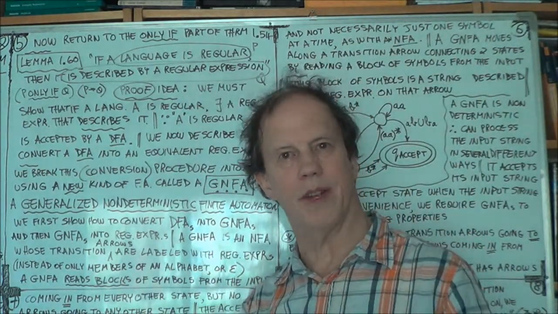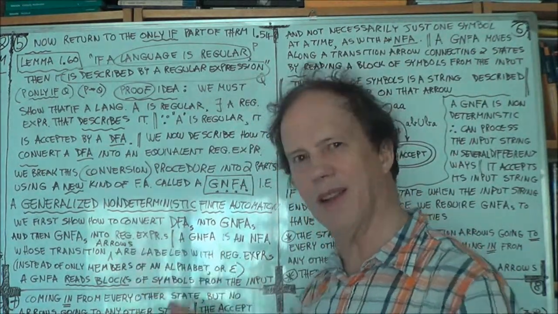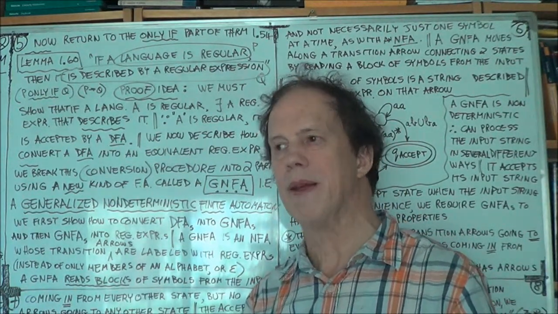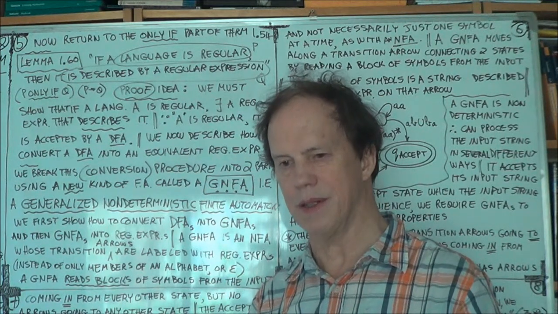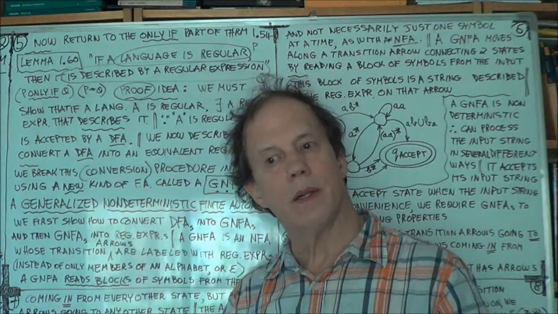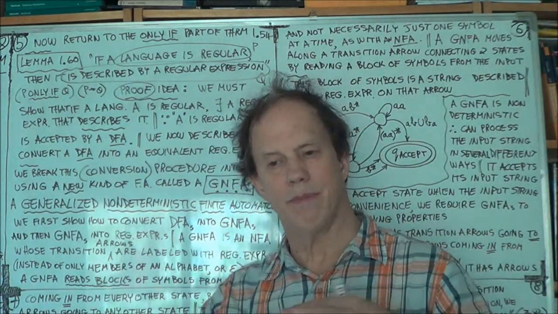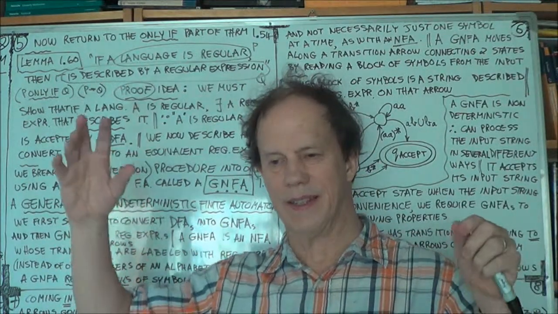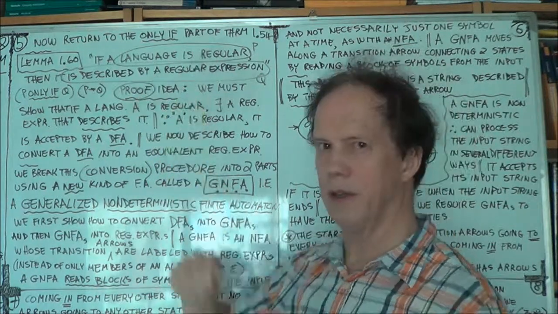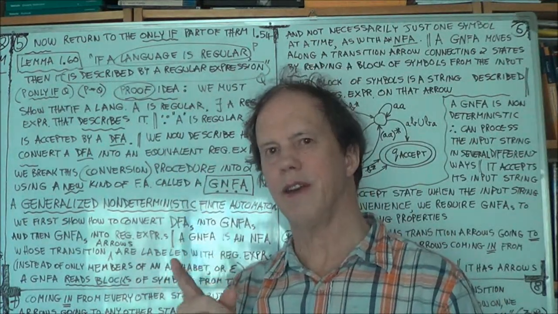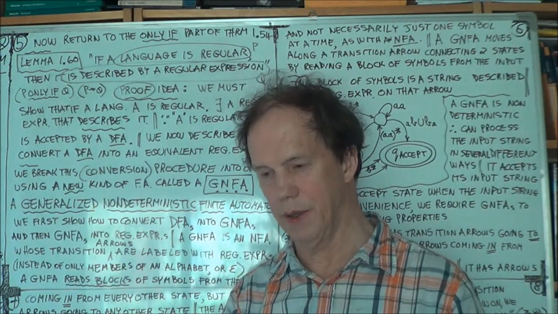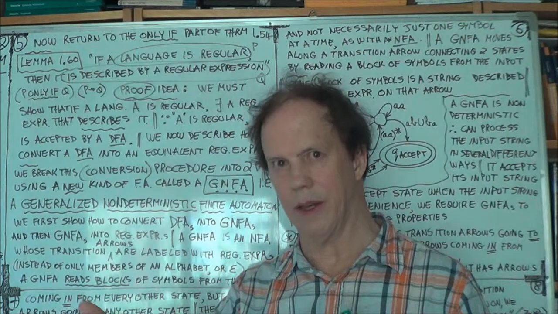I haven't explained to you what that is; that'll take quite a while, several sessions. But doing that two-step process makes things easier and doable. Let me bring it all together. To prove this lemma: if a language is regular, it has a DFA that recognizes that language.